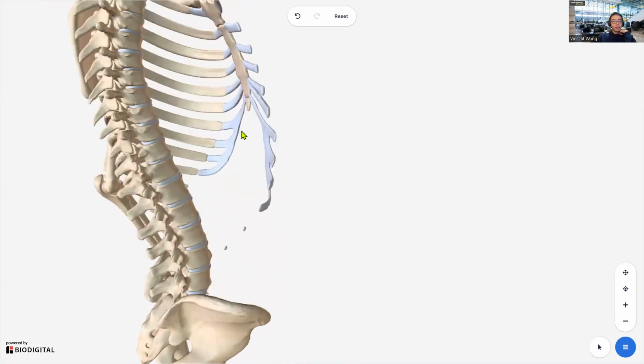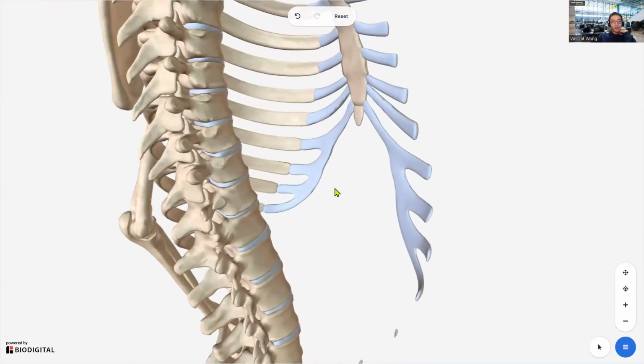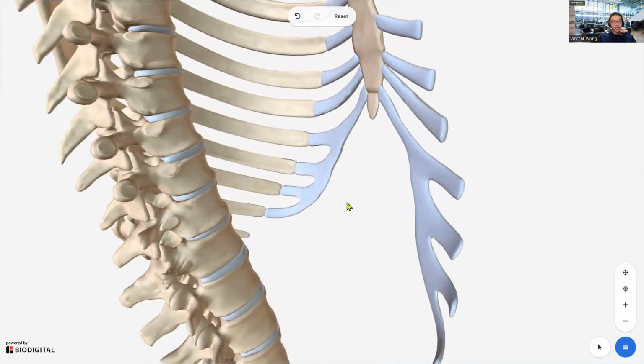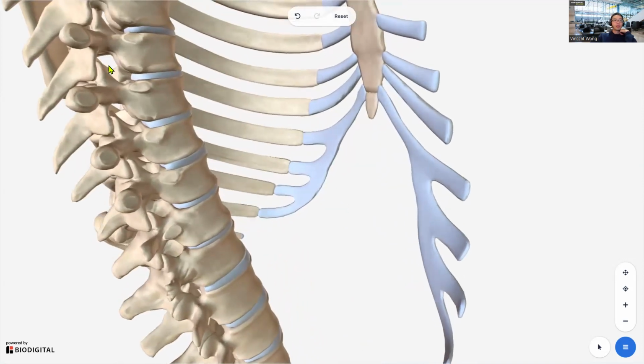Now, if I zoom in here on the side, you cannot really see it in this particular model because I took away the nervous system, but there is a hole here, right? That hole is where the spinal nerve is going to come out. And between each of the vertebrae, we would have an intervertebral disc that protects them, so there's no friction when you're bending forward and backwards.